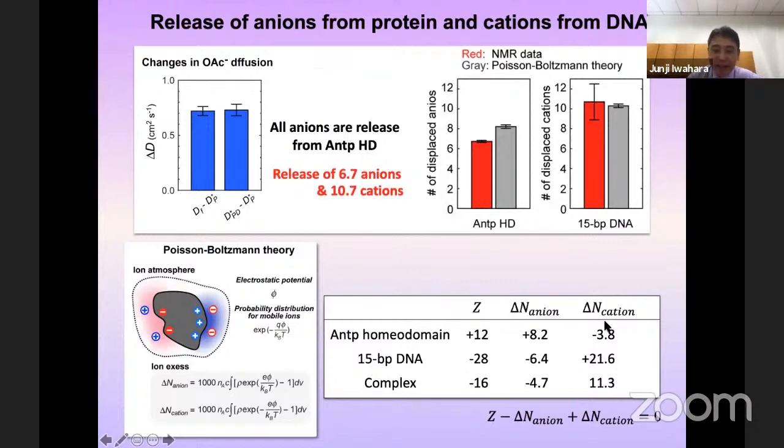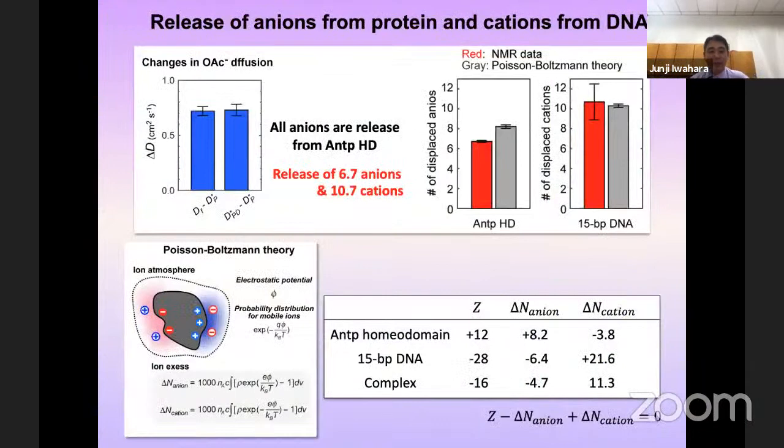And it turned out that basically all anions around the homeodomain, Antennapedia, must be released. And for the DNA, basically, it released 10 anions. So our experimental observation is quite consistent with the Poisson-Boltzmann prediction.